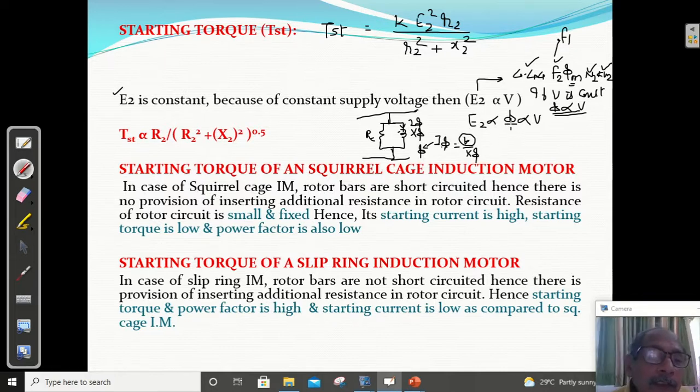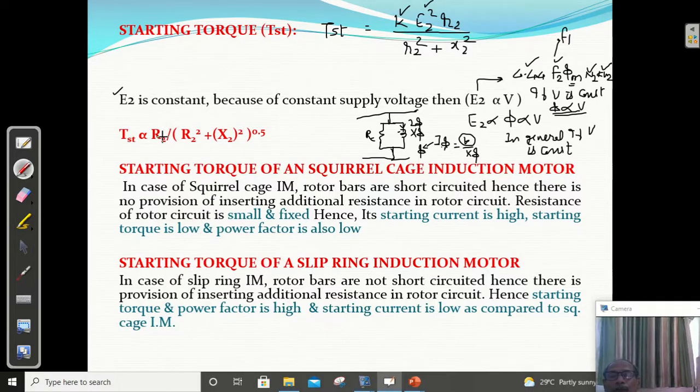So flux is proportional to V, and in general, if the supply voltage is constant, flux will be constant, or if flux is constant, E2 will be constant. So from here we can say the starting torque: E2 is constant.